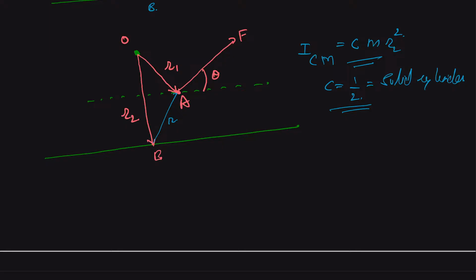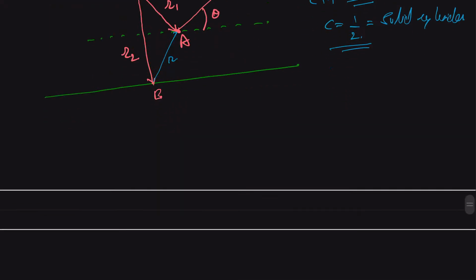So first of all, let's calculate the torque about the contact point. And for that we will be requiring the horizontal component as well as the vertical component. So first of all, let's find out the position vector of the contact point which we have taken as origin, its horizontal as well as its vertical.